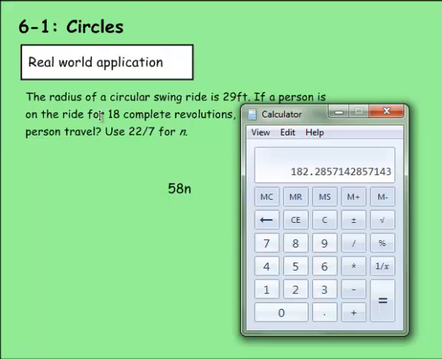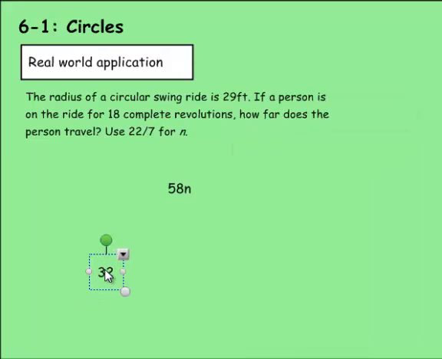Now let's multiply that times 18 because we're going around 18 times. Now we have 3,281 feet, and we'll round to the nearest tenth again, so 3281.1 feet. So that's how many feet you're going to travel if you do 18 complete revolutions. It seems like a lot, but this is a very big circular ride.